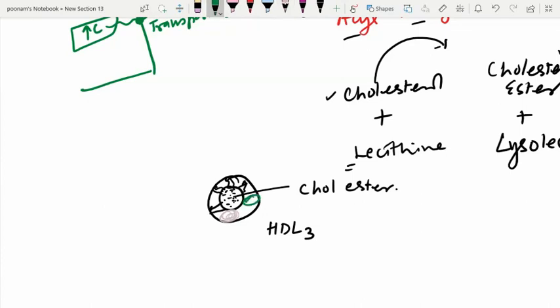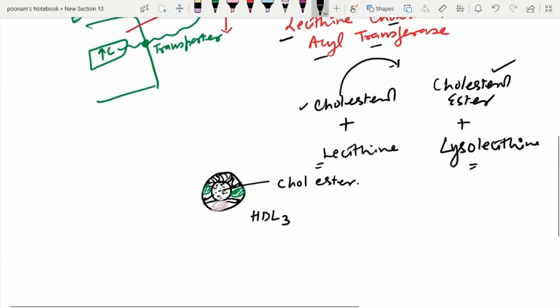So we have a lesser number of free cholesterol here because they are modified and go to the core. We also have abundant phospholipids in the HDL shell, because every time LCAT acts, one phospholipid, one lecithin, is sacrificed. That lysolecithin which is formed no longer stays in the shell of the HDL; rather it falls to the plasma.